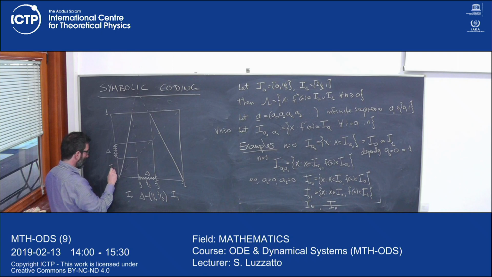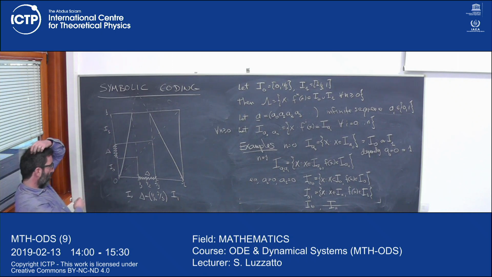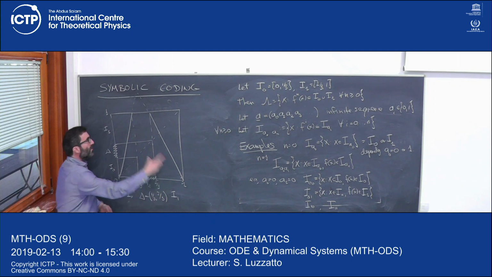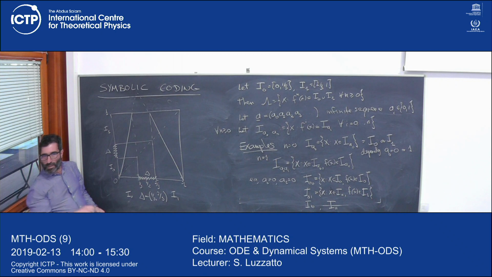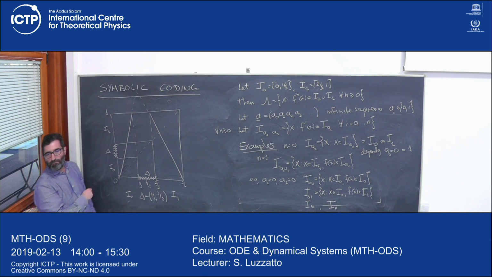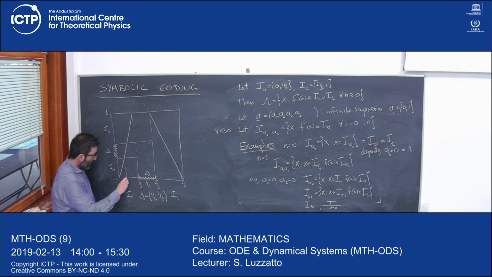And here we have I0, and here we have I1. I didn't draw it properly to scale, but this is I0, this is I1. Now we look at the points in I0, and which are the points whose image lies in I0? It's this.